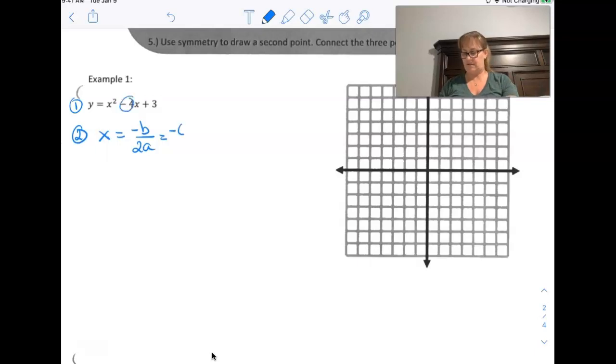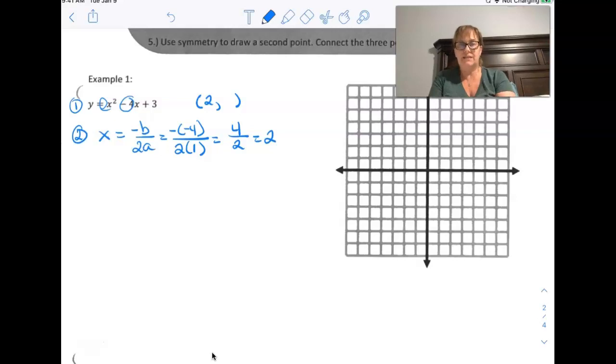So we've got negative 4 over 2a. And our a in this equation is a 1. Remember, when there's no coefficient there, we assume that it's a 1. Well, let's solve. A negative 4 means the opposite of negative 4, which is simply a positive 4. 2 times 1 is 2. So this means our x value is a 2.